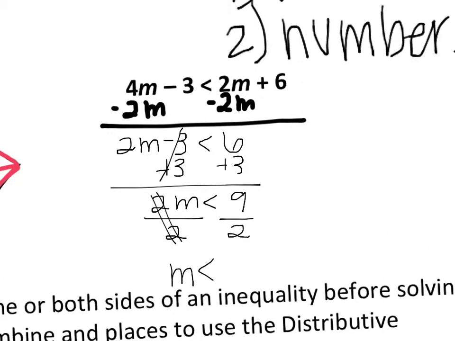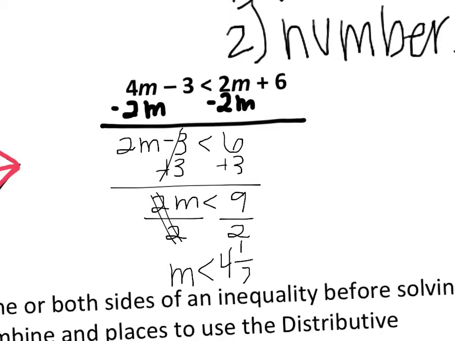Now, I know with equations I told you guys that it didn't make much difference to me whether you left it as an improper fraction or a mixed number. But since you're having to graph these inequalities, it's probably best if you put them as mixed numbers so that you can tell where they need to go on the number line. So 9 divided by 2, or 9 halves, is equal to what mixed number? 4.5.